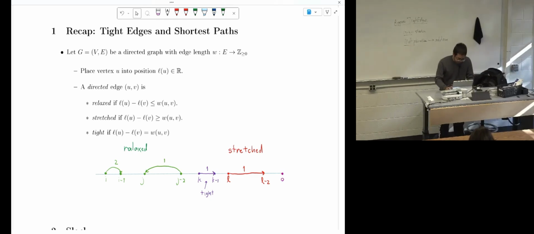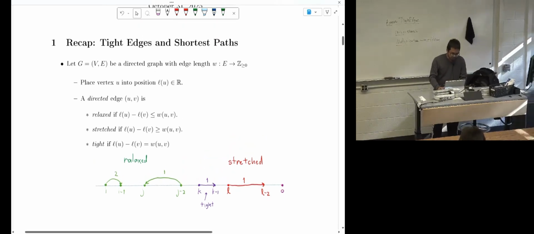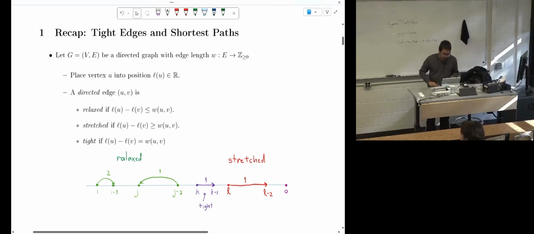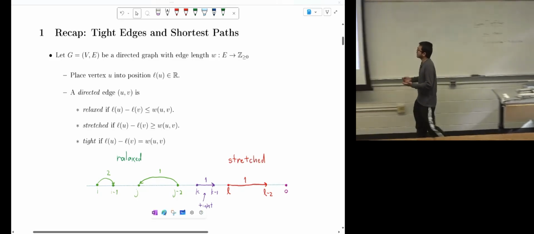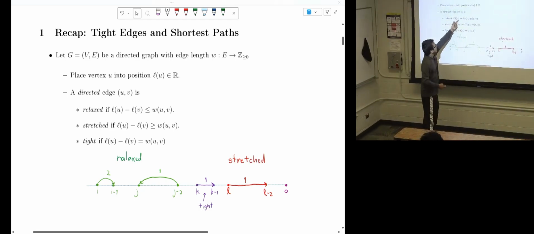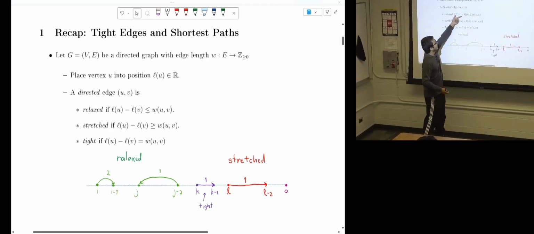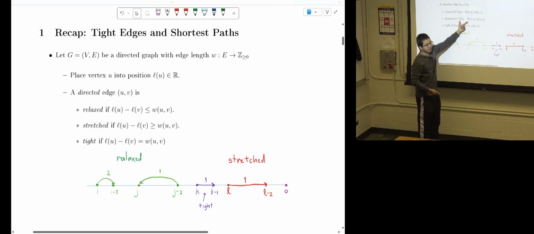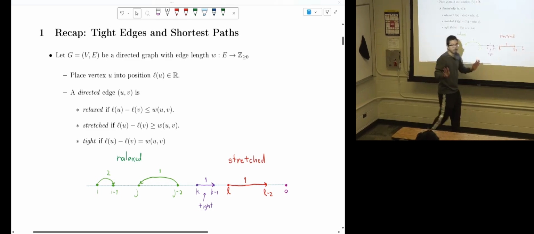Okay, so here is the notion that we looked at before. We have H, and H is relaxed if the level of U is not more than the level of V by this much, otherwise it's stretched. So this is just the old thing.